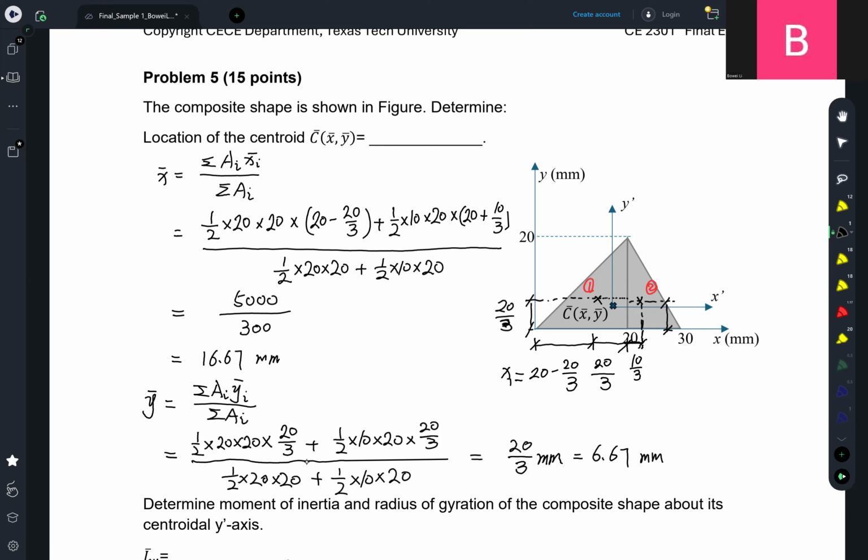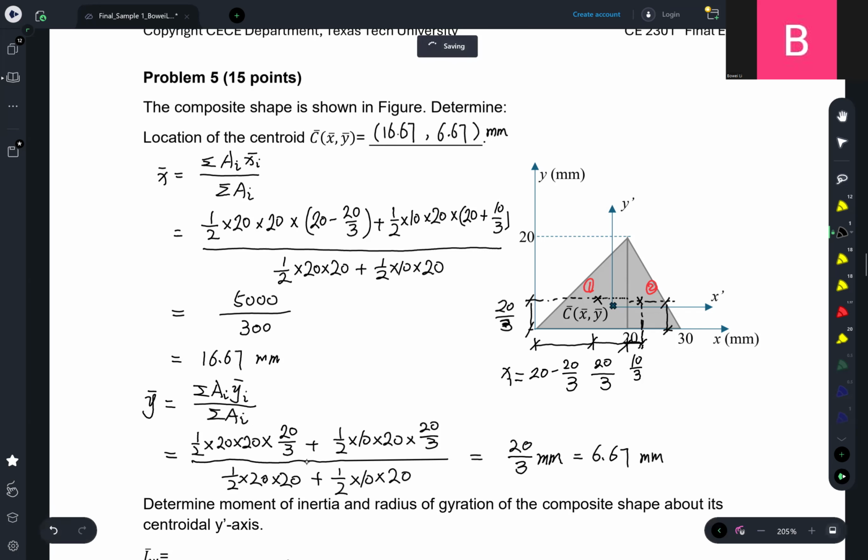Okay, so this is the answer for the first part. It is the location of the centroid here, which is 16.67 and 6.67. And the unit here is millimeter. Okay, so this is the first question here.